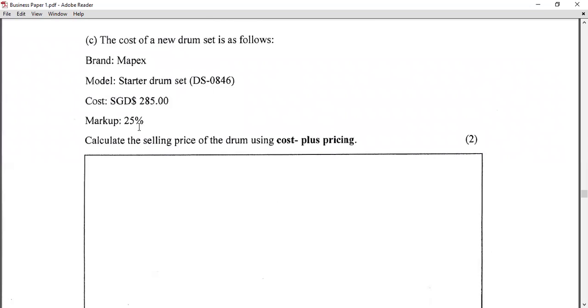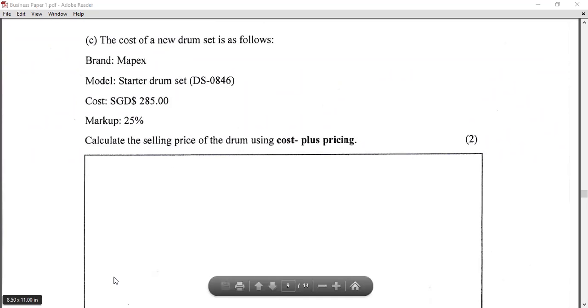We need only the cost and the markup. So calculate the selling price of the drum using cost plus pricing. How to calculate: 285 plus 25% of 285. Cost plus pricing is like that. 285 times 25%. So that is the cost plus.